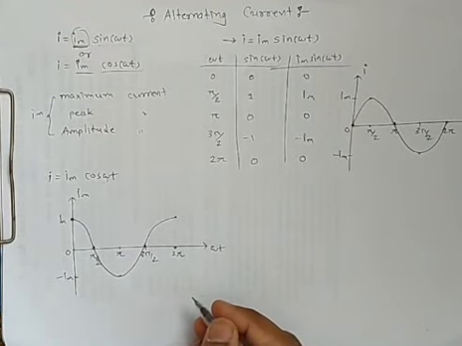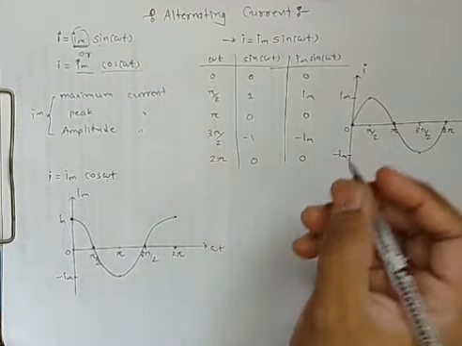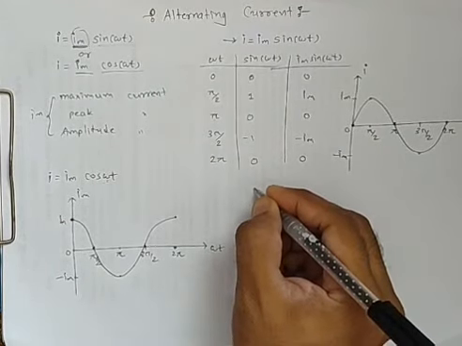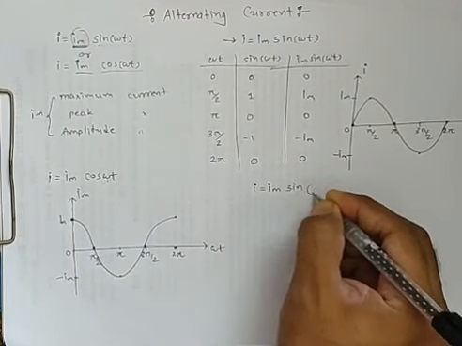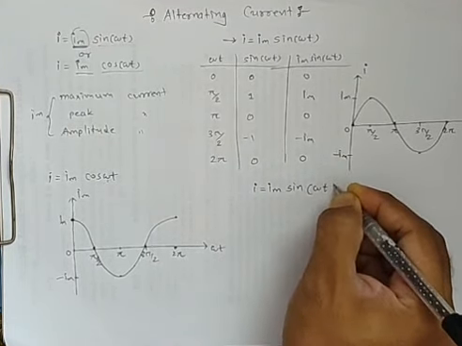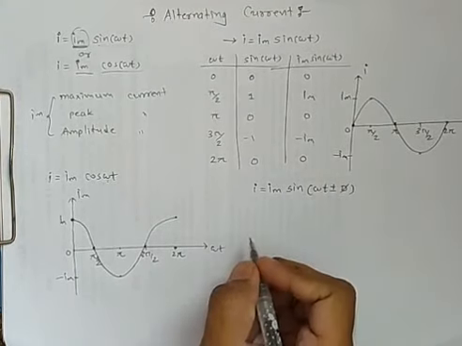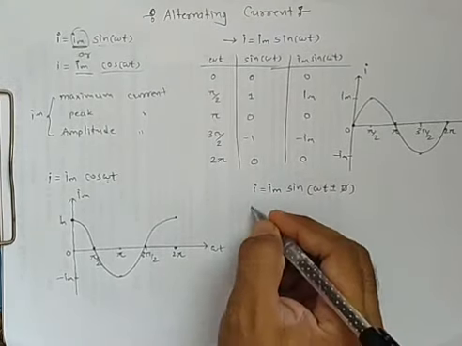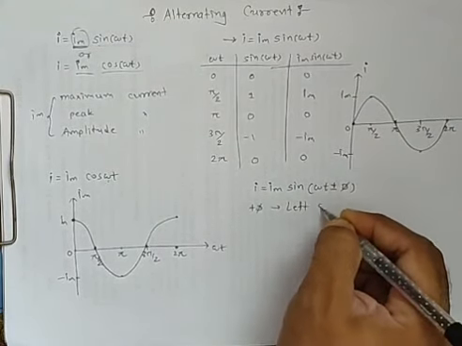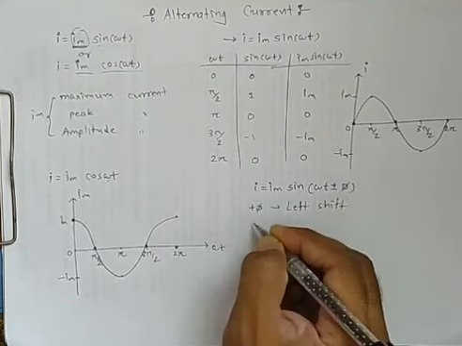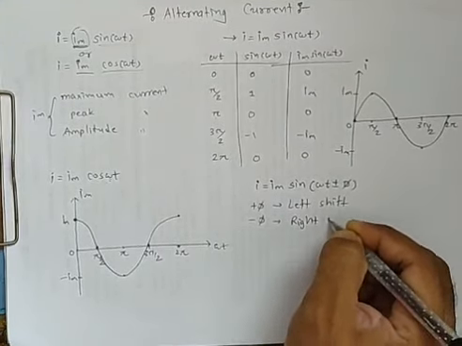Now we must know the shifting of this waveform. How to shift this waveform? If I'm writing the current equation like this, Im sine omega t plus or minus some angle, then plus phi indicates the left shift of this waveform, and minus phi indicates the right shift of this waveform.